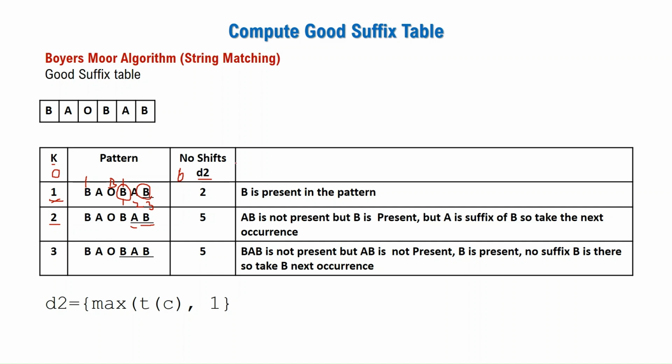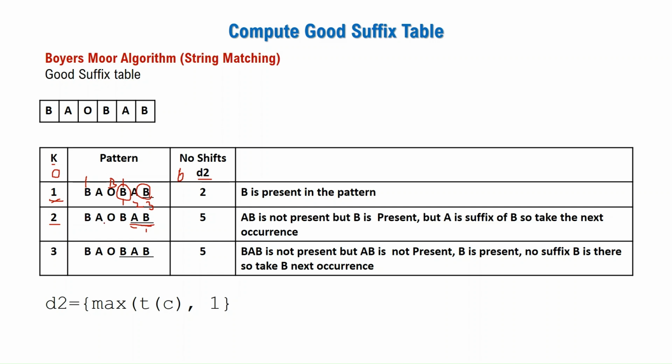Like in the previous example, B is there here. Again, you check whether this B is repeated in the given pattern or not. Here B is repeated, here B is repeated. If two characters are matched, meaning AB, check whether AB is repeated anywhere in the given pattern or not.